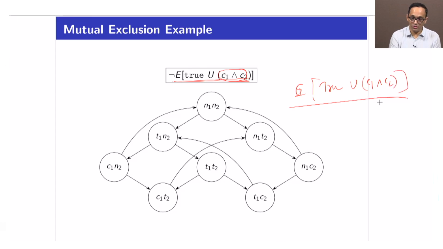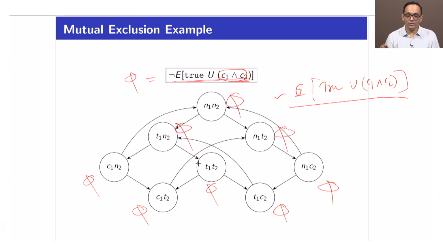So this does not hold, which means the negation of this holds in all states, right. If this property is phi, phi holds here, phi holds here, phi holds in all states, because E true until C1 and C2 does not hold in any state, which means the negation holds in every state.